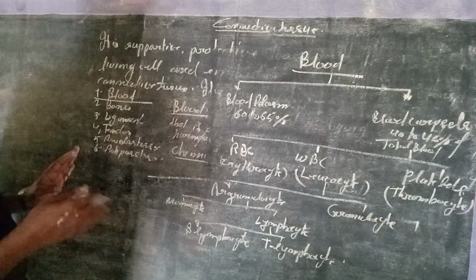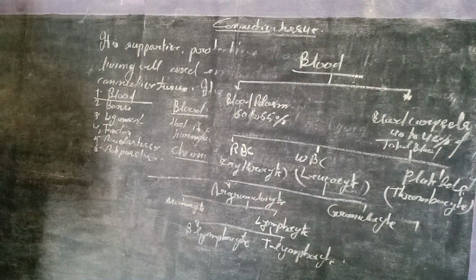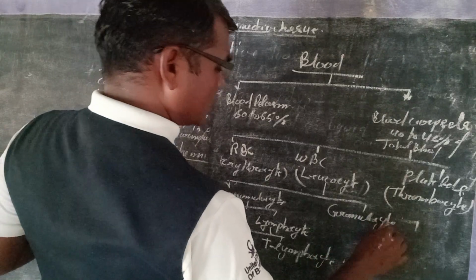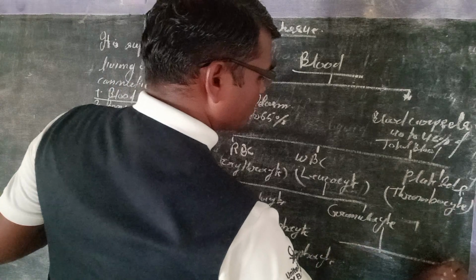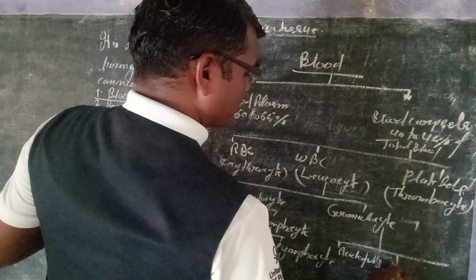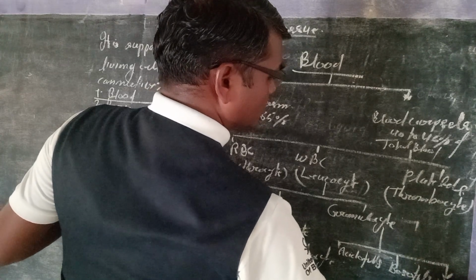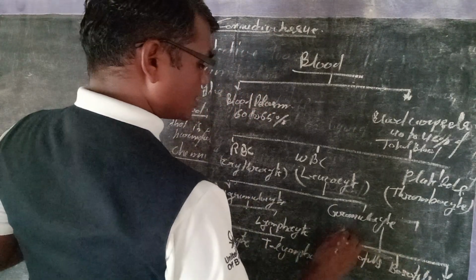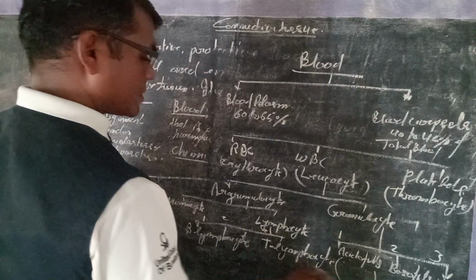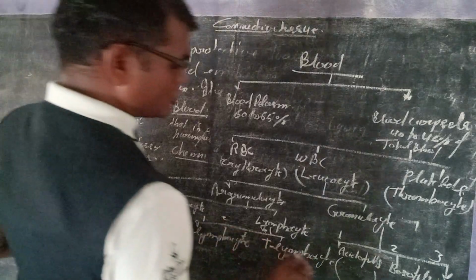Granulocytes are divided into three parts: acidophils, basophils, and neutrophils. Acidophils are also called eosinophils.